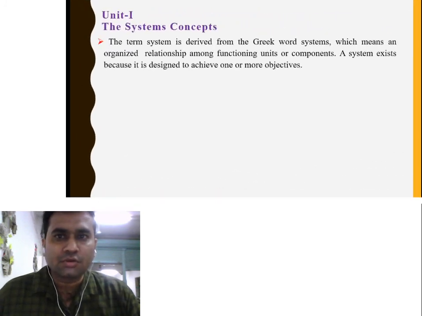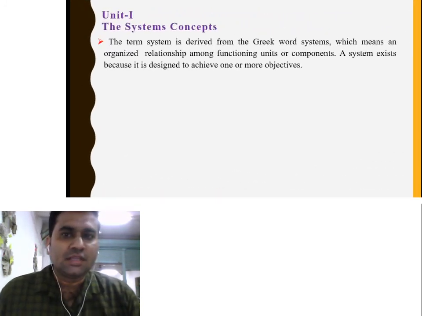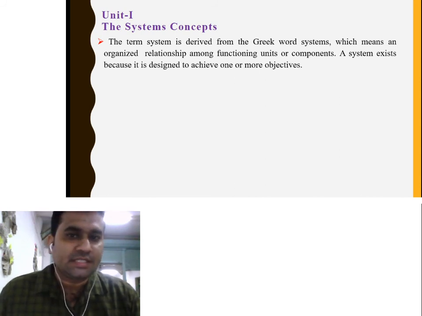Firstly, you should know what a system is. A system means an organized relationship among functioning units or components. A system exists because it is designed to achieve one or more objectives.